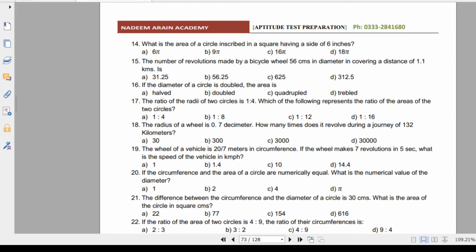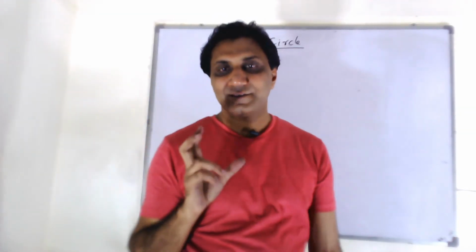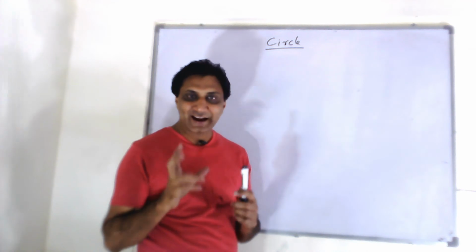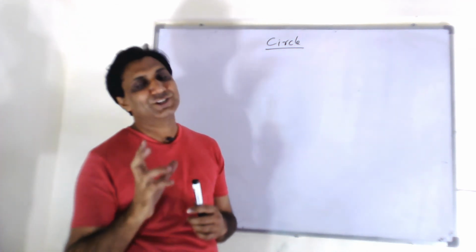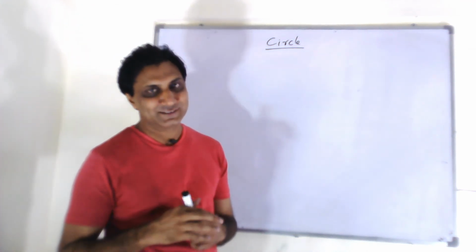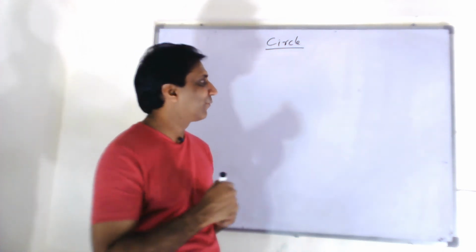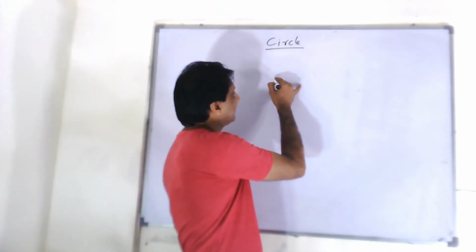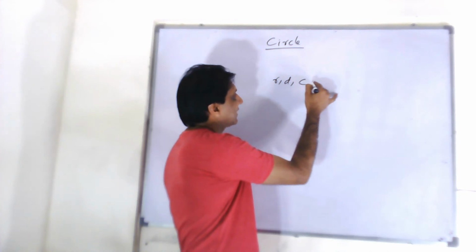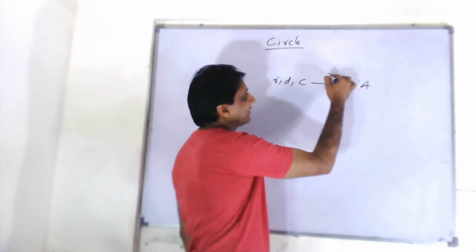Question number 17. The ratio of the radii of two circles is 1:4. Which of the following represents the ratio of the areas of the two circles? The ratio of radii is given and the ratio of areas is required. Now listen to this one rule. If you are converting from radius or diameter to circumference to area, you have to take the square.